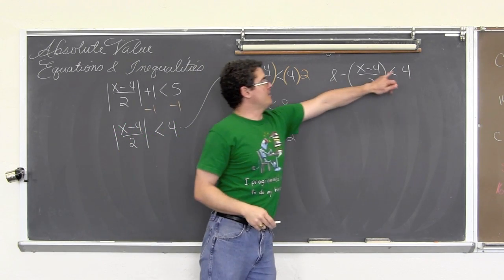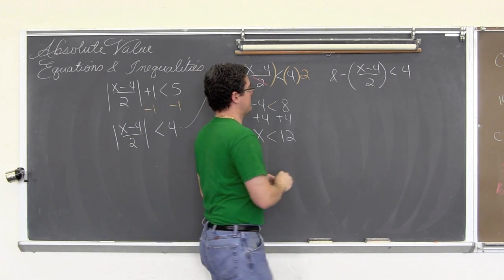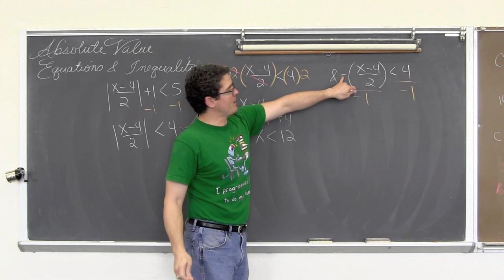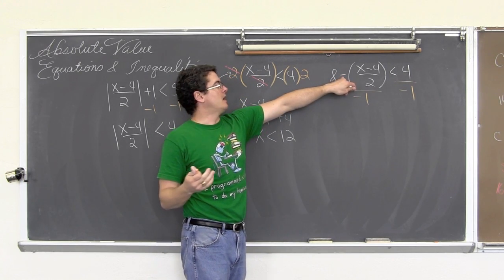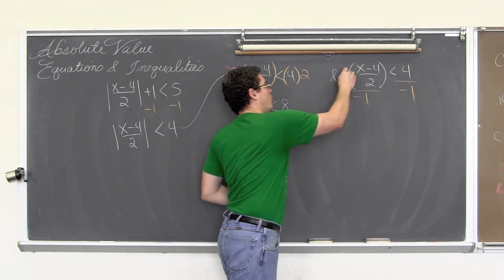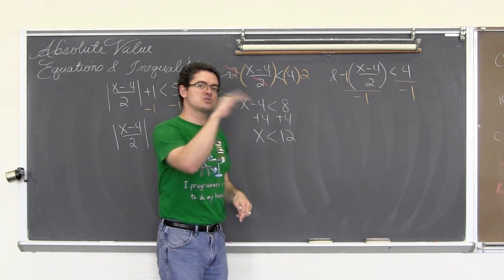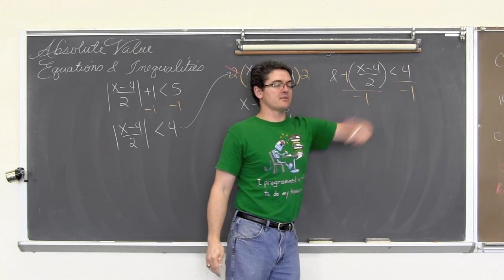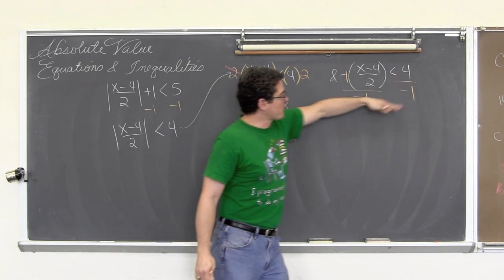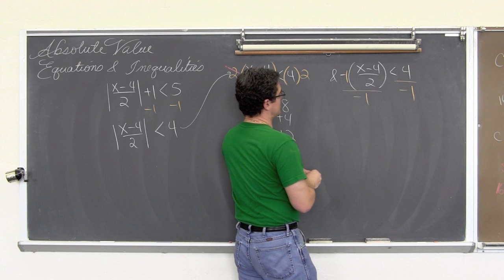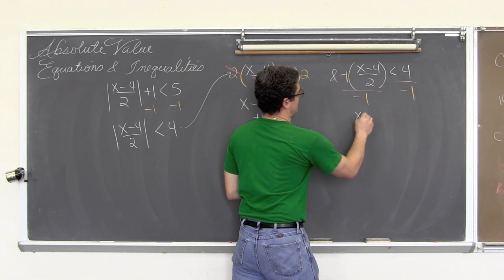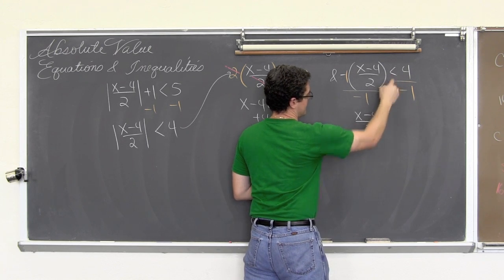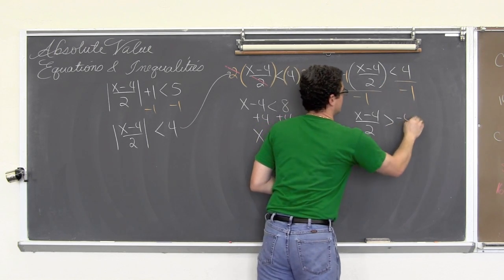Over here, I'm going to divide both sides by -1. I don't want to take that -1 that's in front of the parentheses and distribute it through. I could, but it'd be less work to just simply divide it over to the other side. And that process is going to, as you should, change the direction of the inequality, because I divided by a negative number, so the less than becomes greater than.